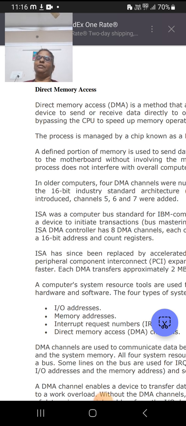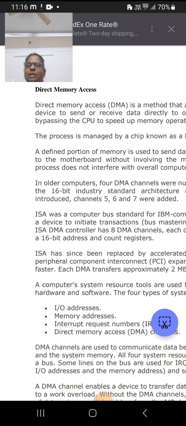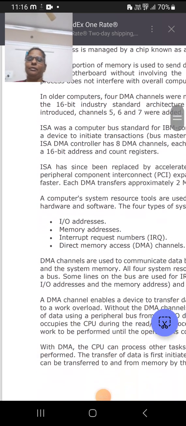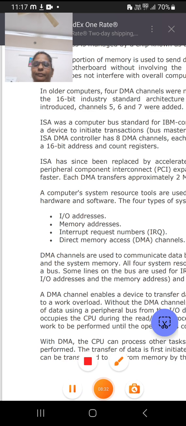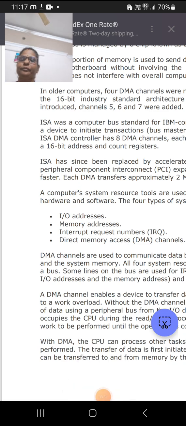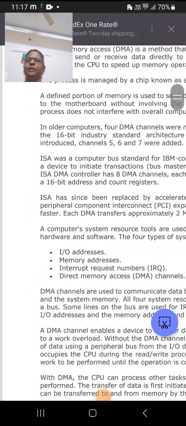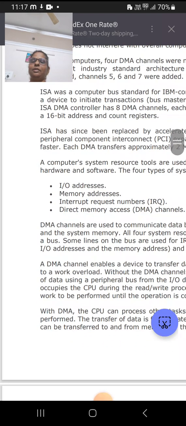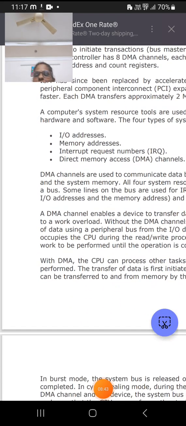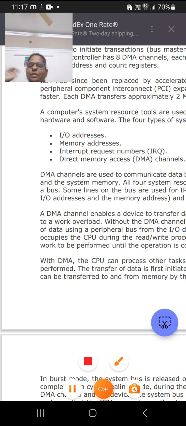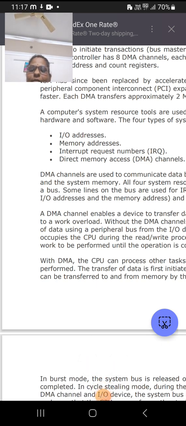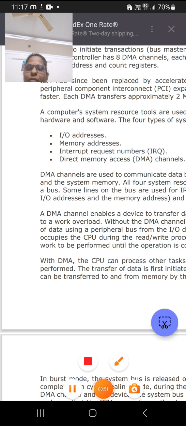So data transfers from source to destinations. These are the data support input output direct memory access, which is used to transfer data from source to destinations.